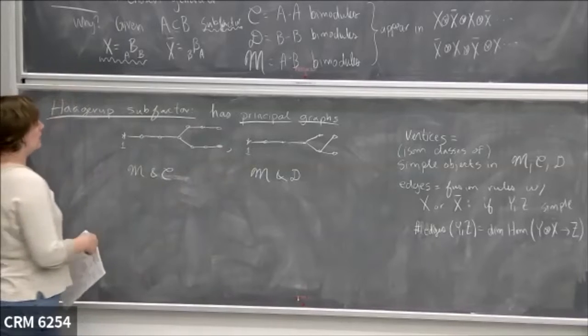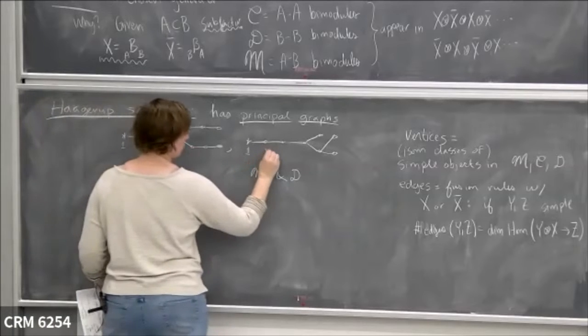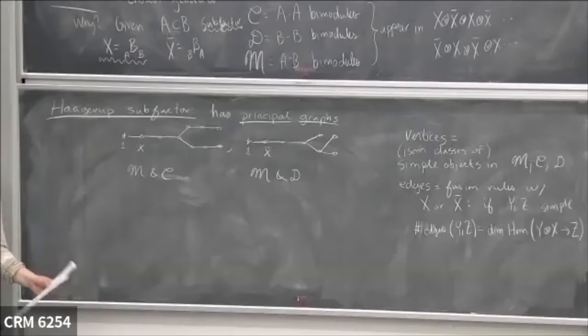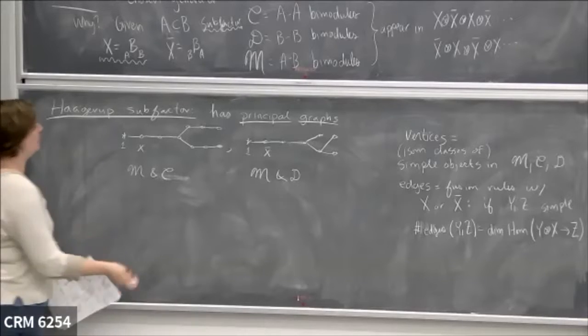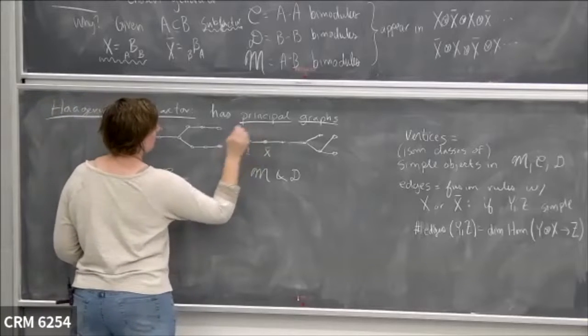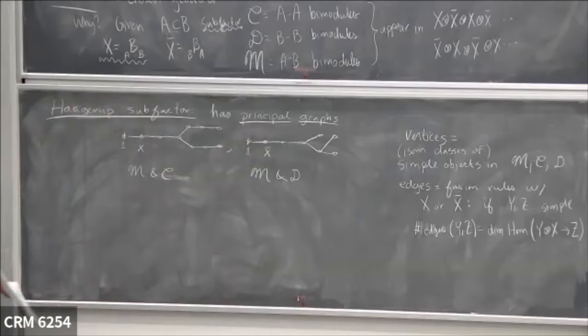And then we tensor with X or X bar as appropriate. Okay, and so that first simple object is X. And then from that, we can deduce the rest of the fusion rules, or I shouldn't even say that exactly. This contains much of the content of the rest of the fusion rules.